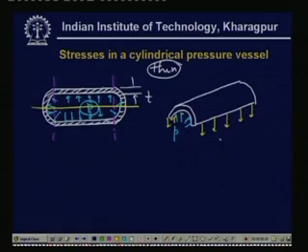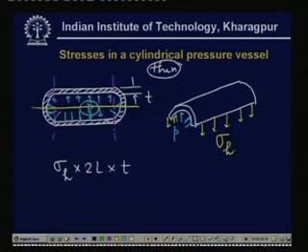Now, this stress is called tangential stress or hoop stress, denoted by sigma h. If you balance the force, then what you get is sigma h times the total area of cross section on which it is acting, that is twice L times the thickness.